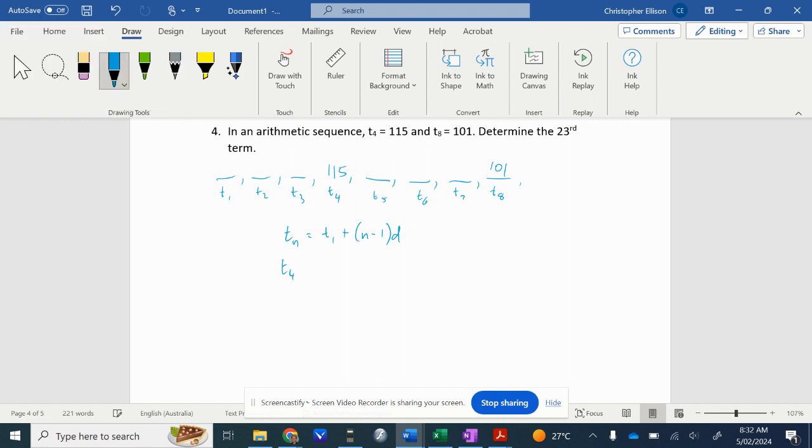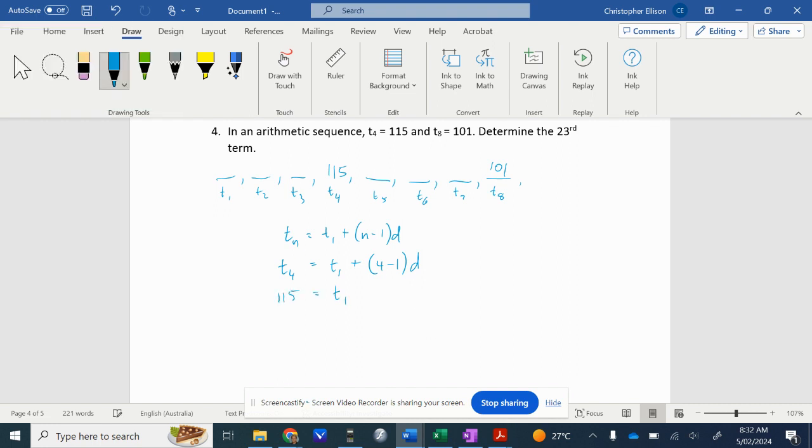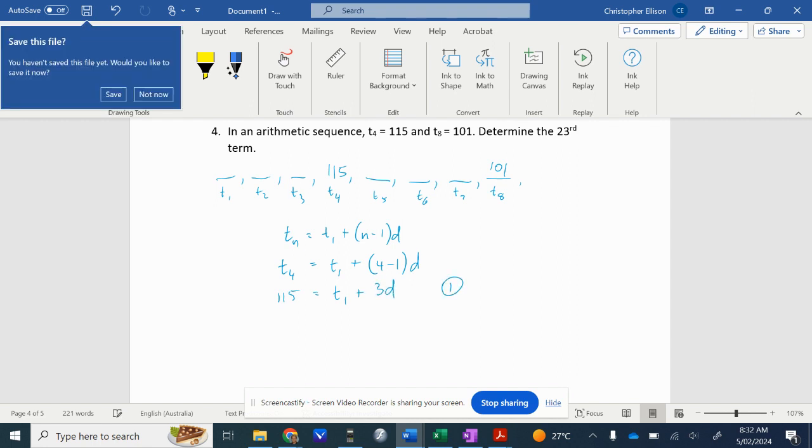T4 will be equal to whatever T1 is, which we don't know at this stage, plus 4 minus 1 multiplied by D. But we know that T4 is 115. So we've got 115 equals T1 plus 4 minus 1, which is 3, D, and that becomes our first equation.